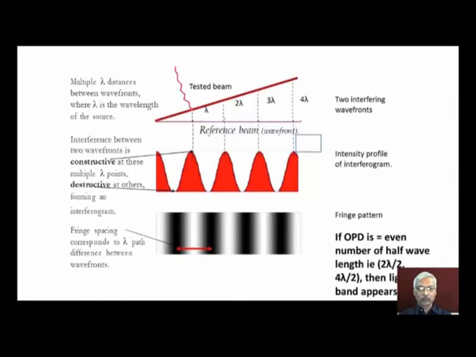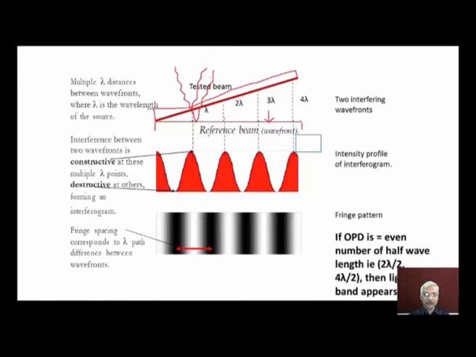So part of the light will be reflected from this surface, and part of the light passes through the medium, and then again it is reflected from this surface. Now we can have an optical flat for this reference surface, and this can be the surface of the workpiece whose surface is to be inspected.